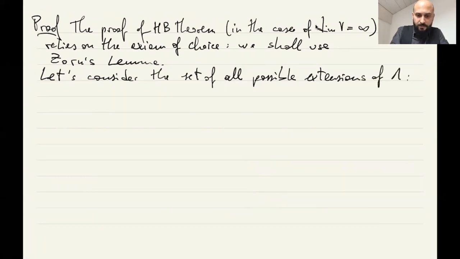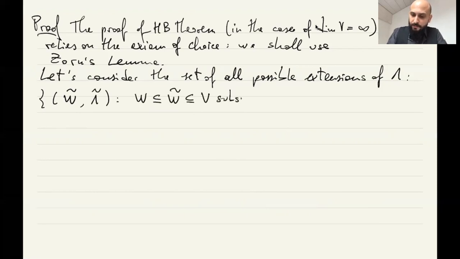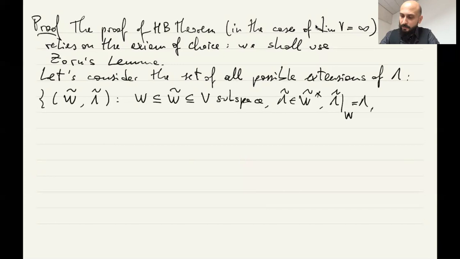It comes with pairs: a subspace and an extension, where W tilde contains W, is a subspace of V. Lambda tilde is an element of the dual of W tilde that extends lambda, and we have the bound that lambda tilde of x is bounded by p of x, for all x in W tilde.